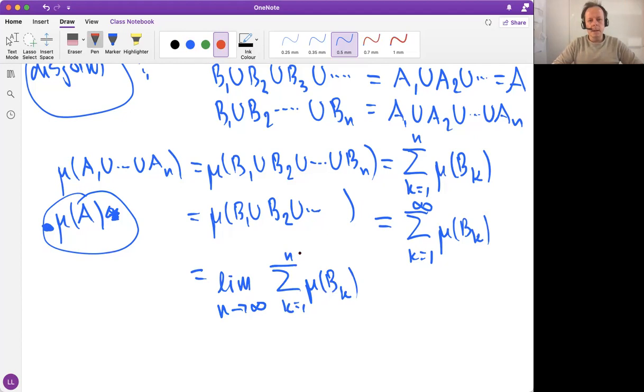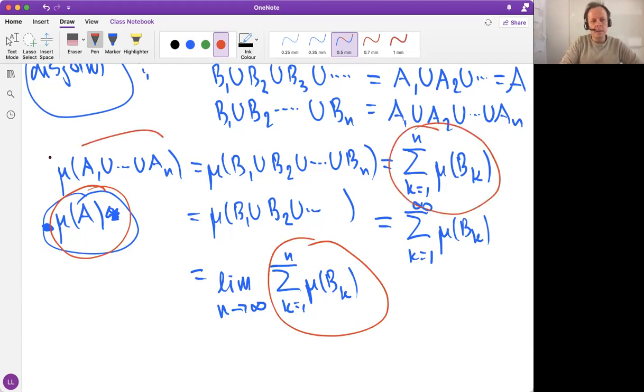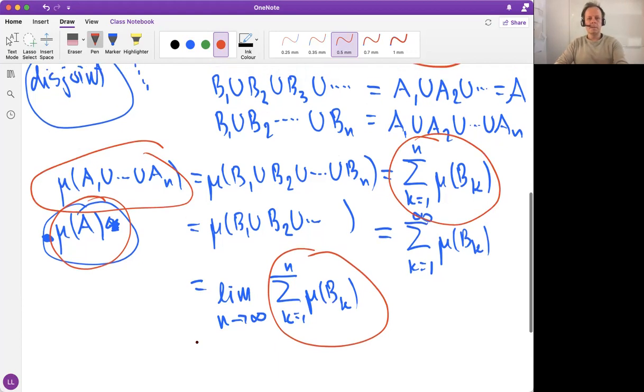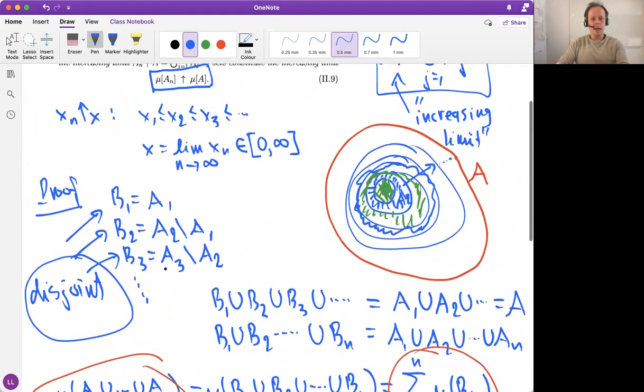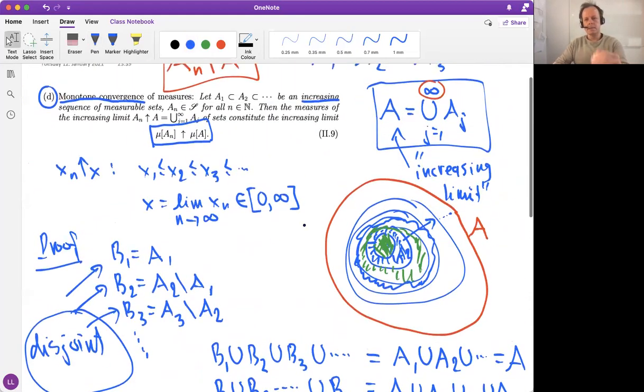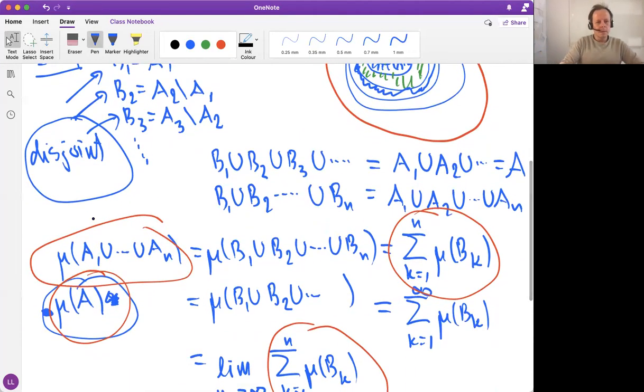So this is the limit of these things, which is this thing here. Then what is there to do? The thing is to know that A1, A2, etc. was an increasing sequence of sets. So this one here is actually mu of An as well.